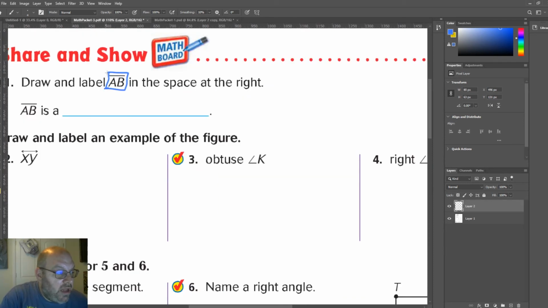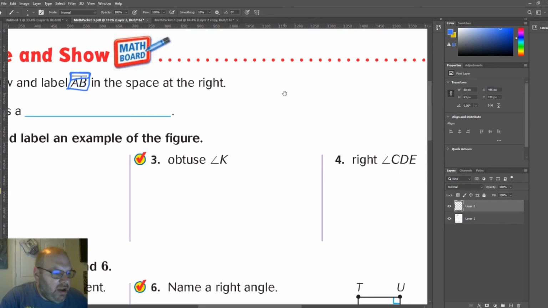So it says draw and label. The way we see it is read that top part. Read this part first. Line segment, and then we read our points. Line segment A and B, in the space to the right. Good. We know how to do a line segment. We do one point, which is like a stop sign.